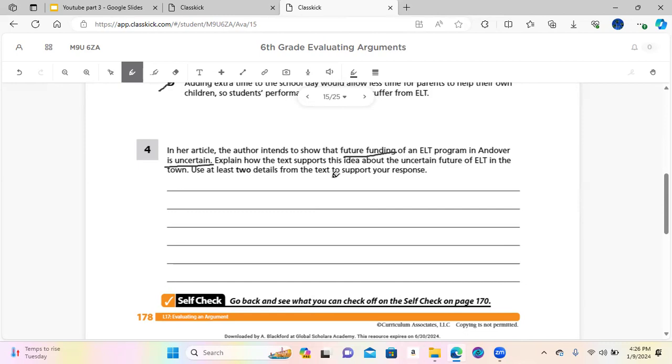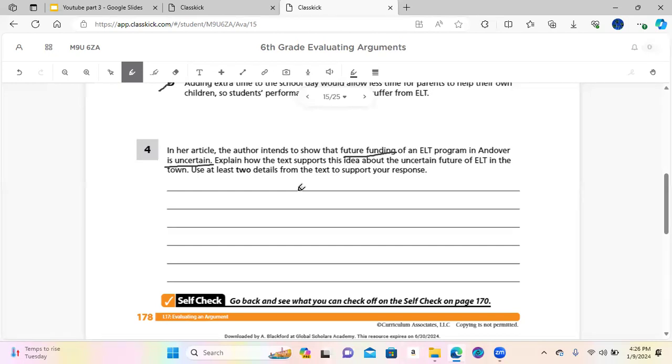Use at least 2 details from the text to support your response. Okay? So we can remember in both sections of the article, the author notes that future funding of an ELT program is uncertain. In the pros section, that's where she supported ELT.